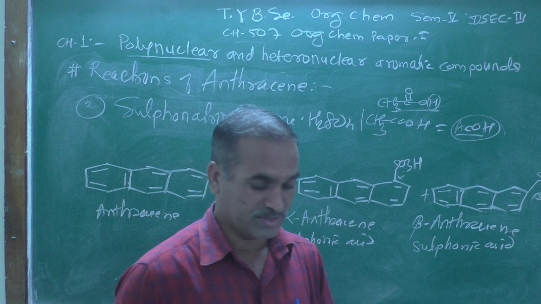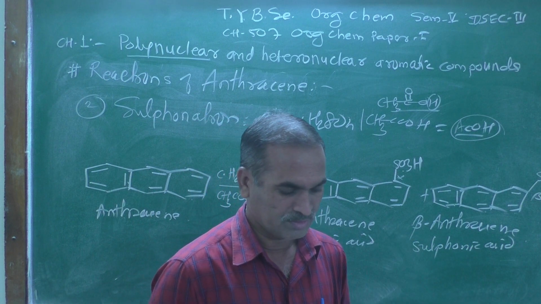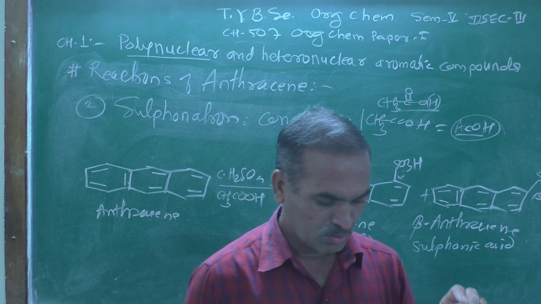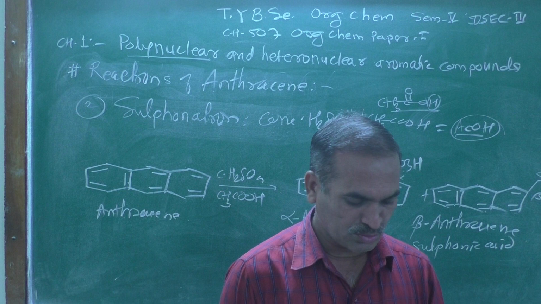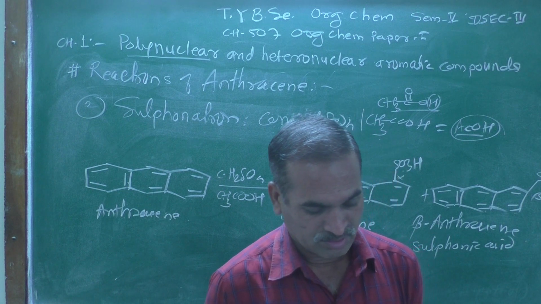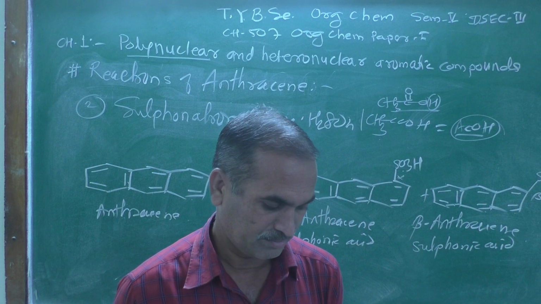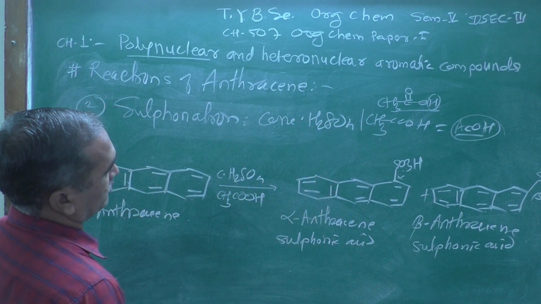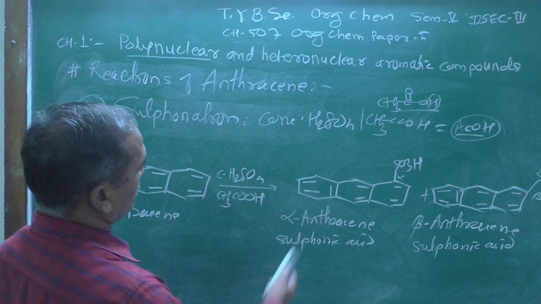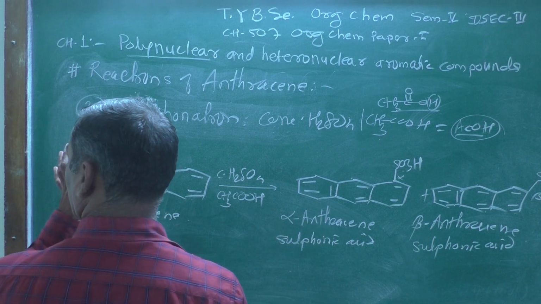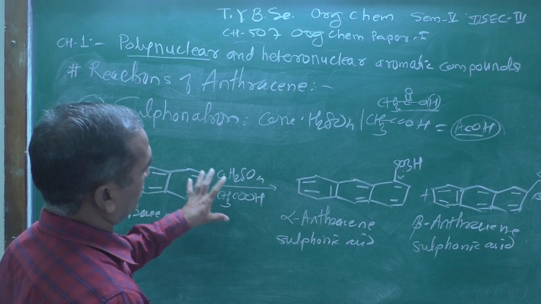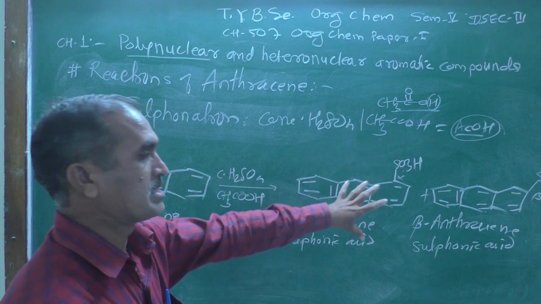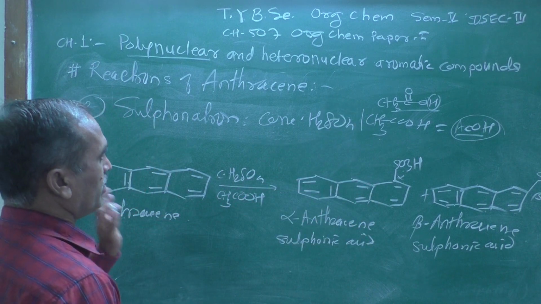In addition to this, if you use excess of concentrated H2SO4, 1,8 disulfonic acid and 2,7 disulfonic acid are formed. When we use equivalent amounts of the starting material and the reagent, we end up with this kind of mixture.